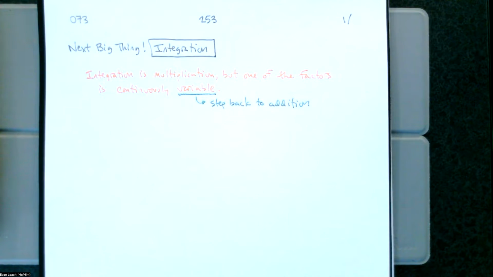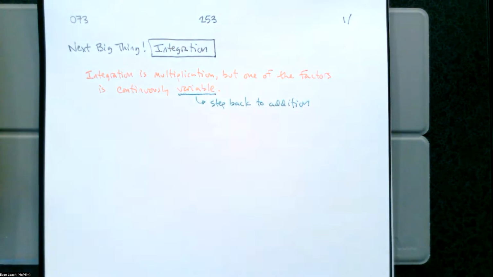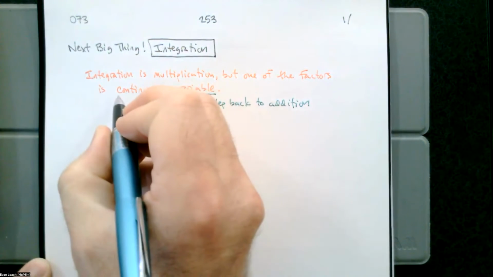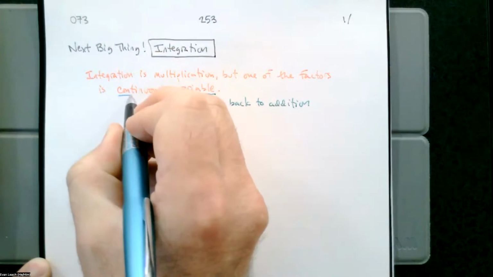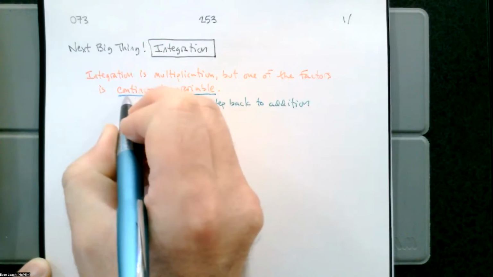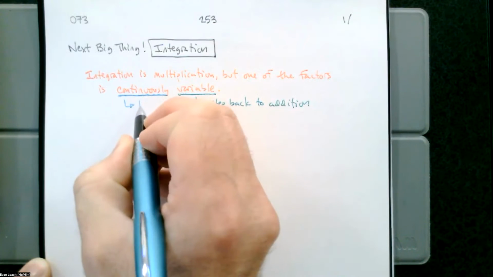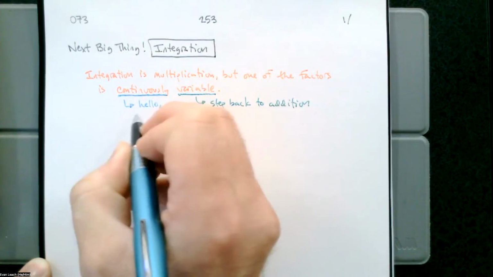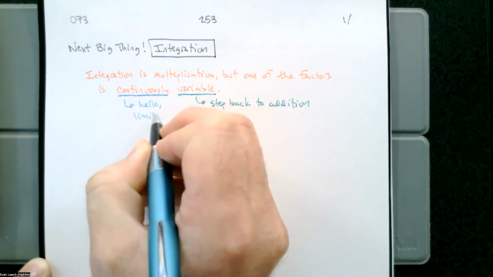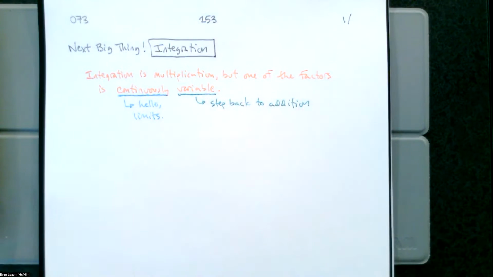The continuously part is what makes this a calculus problem. So that's the part that's going to have to bring the limits into the situation.